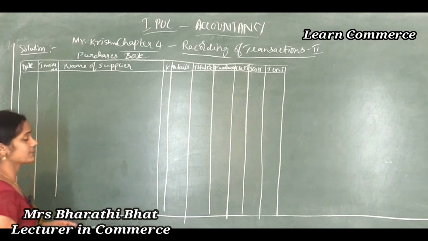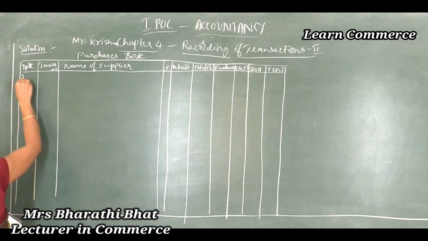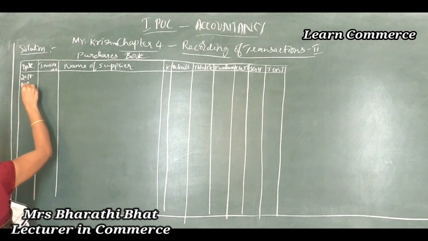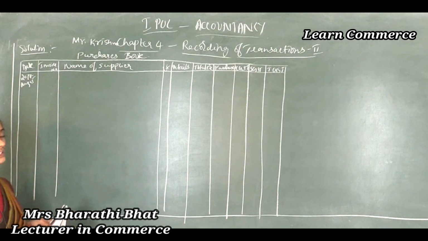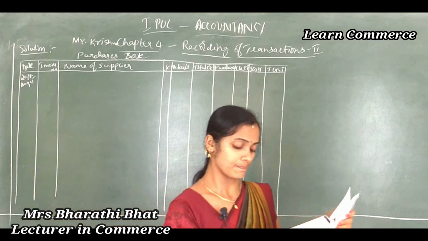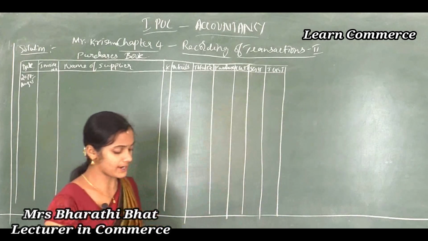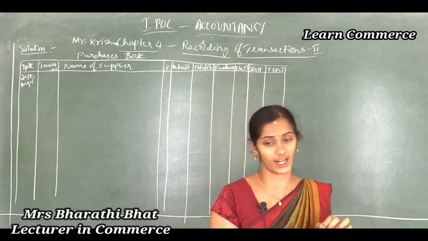Okay, so the next step is same. First we have to write date, 2017 August 5, and here invoice number is given. See the transaction, purchased from Ramakant, Delhi, invoice number 6780.